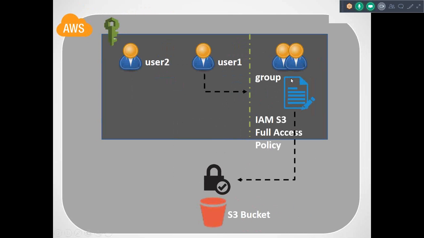Okay. And suppose you want to remove one of the users from the group. If that user tries to access, he will not be able to, because he has not been assigned the permission directly, and he is also not part of the group which has the permission. So that's how it will be assigned to all the people who are part of the group.